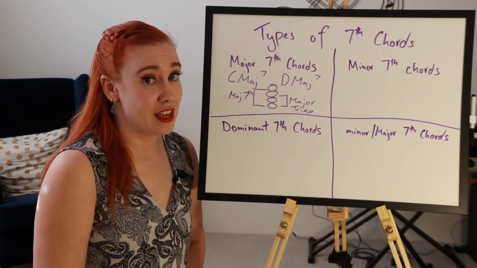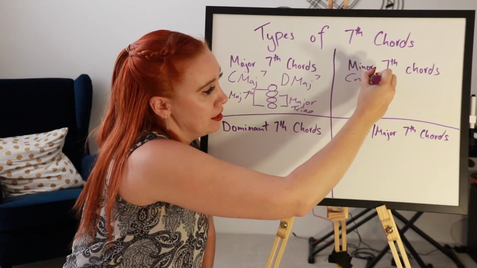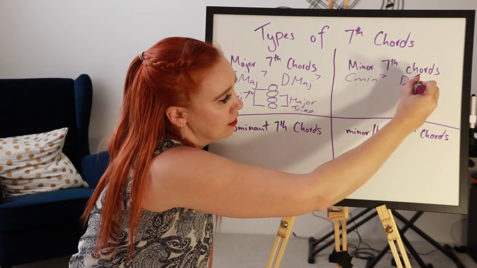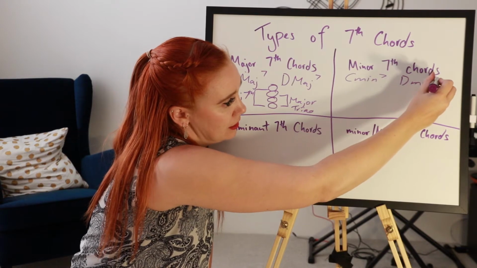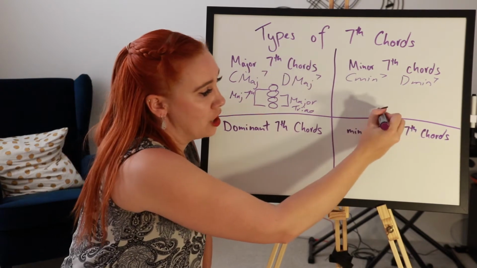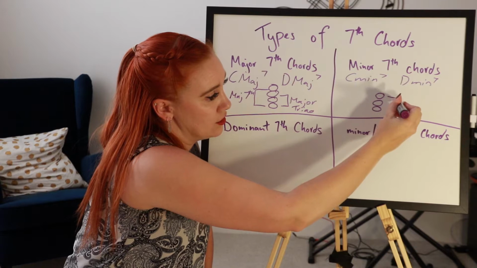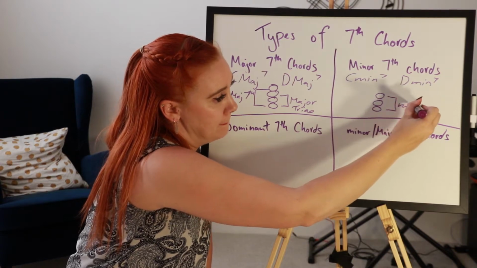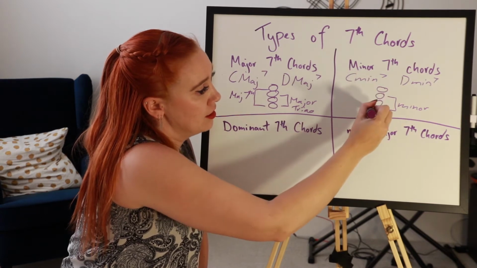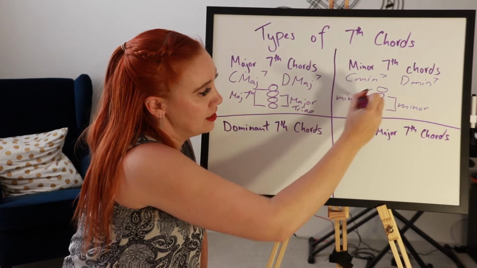Minor seventh chords. Now, you might see this written as C minor 7 or D minor 7. Excuse the terrible handwriting. Now, our triad in a minor seventh is going to be a minor triad, and then our seventh is going to be a minor seventh.